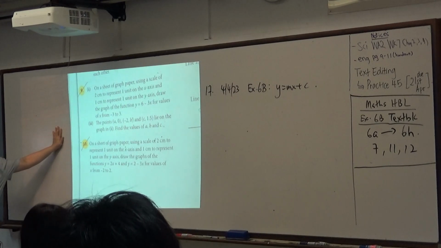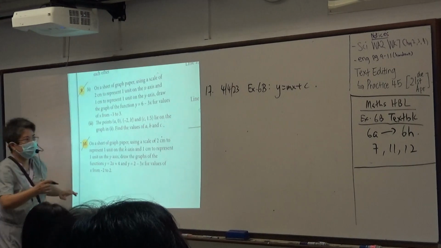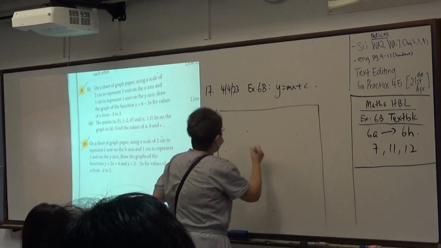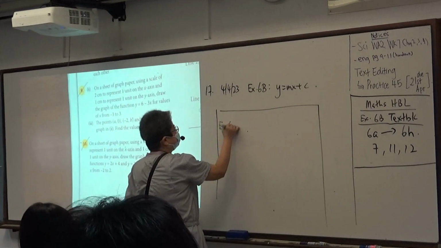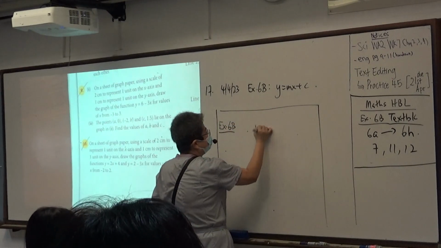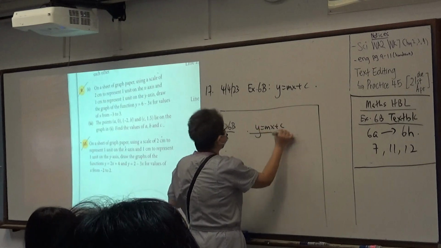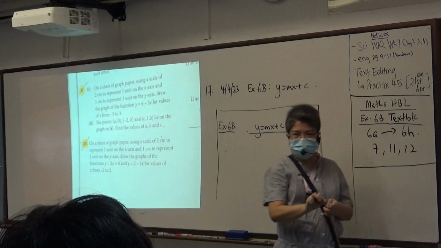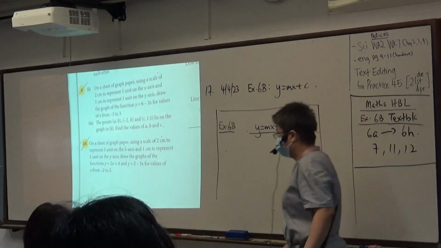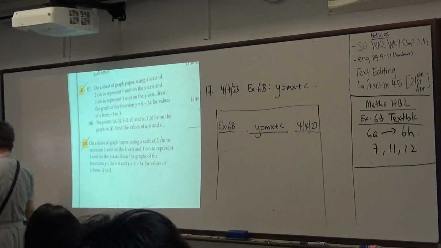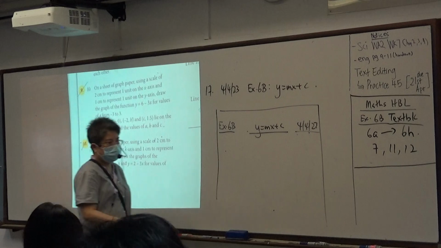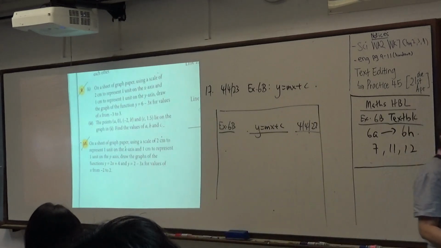On your first graph paper, can you write down exercise 6B, y equals mx plus c, and then the name in front. Alright. Graph paper.